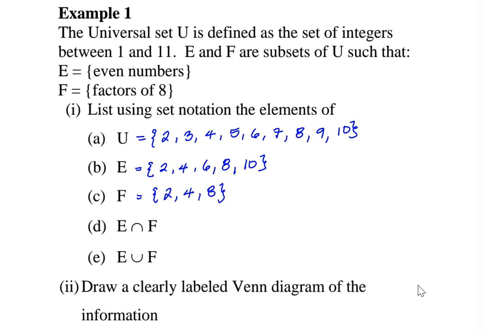D is asking us to list the elements of E intersect F. Now, remember, when you hear the word intersect, you should be thinking common. So E intersect F is the set of all elements in the universal set which are common to both E and F. I must look at E and at F, and list all elements which are common to both.